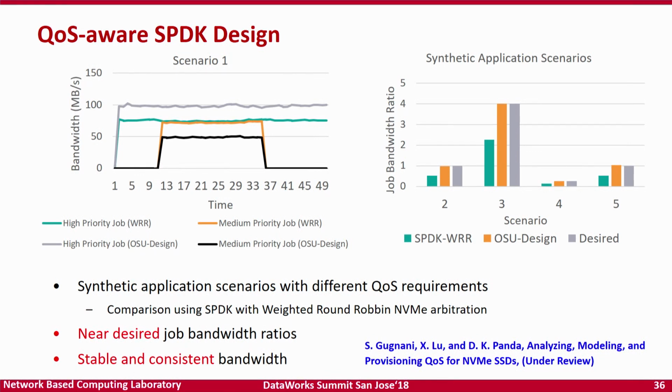Here also we find that the default SPDK design falls short of achieving the desired job bandwidth ratio, while our design is very close to the desired job bandwidth ratio. So to conclude, our design is generally providing very close to the desired job bandwidth ratio, and we find it has very stable and consistent bandwidth. We've been working on this for the last year, and we have submitted a paper which is currently under review.